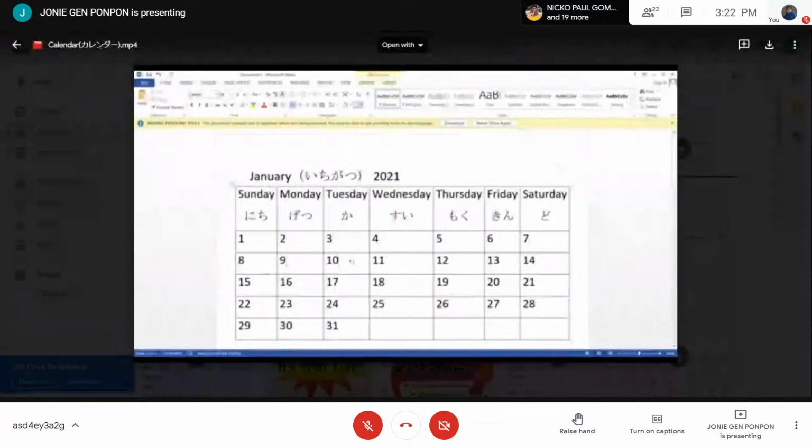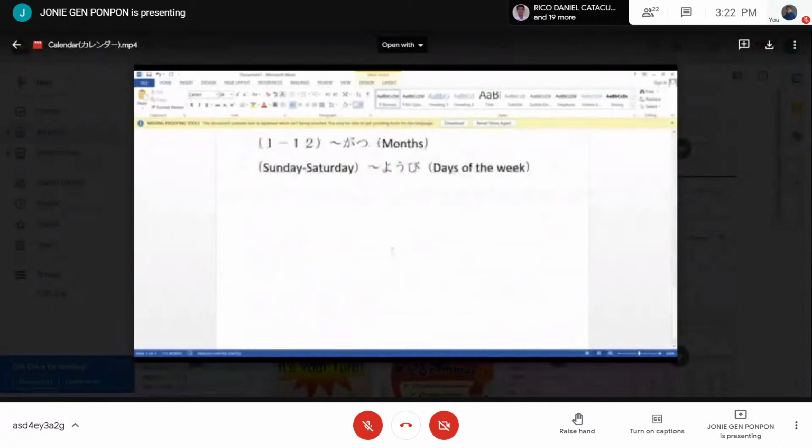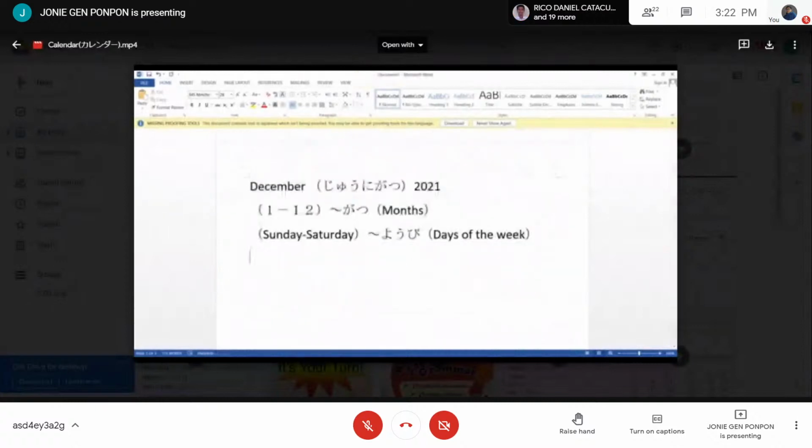For the dates of the month, the suffix is Nichi.